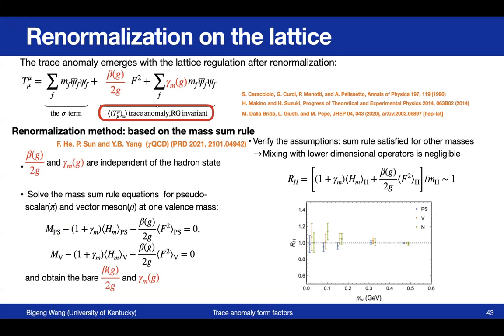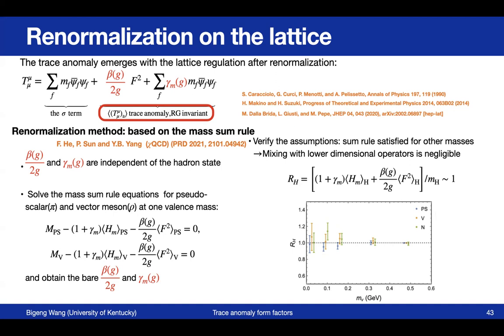But what we are doing here is to do the normalization based on the mass sum rule. The matrix element of this whole thing should give the total mass of the hadron. So we know that beta over 2g and gamma, the coefficients of these two operators, are independent of the hadron state.